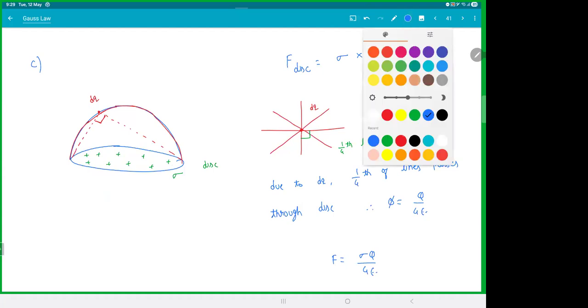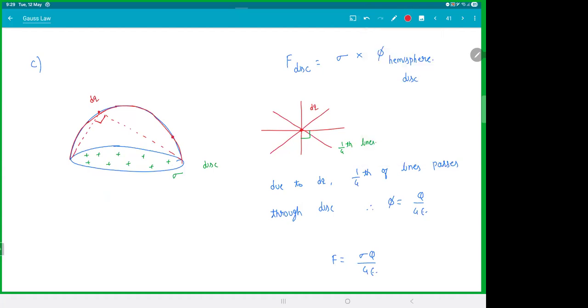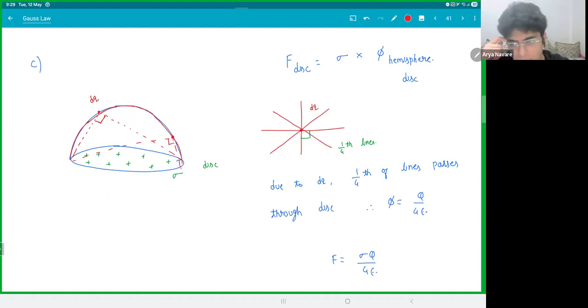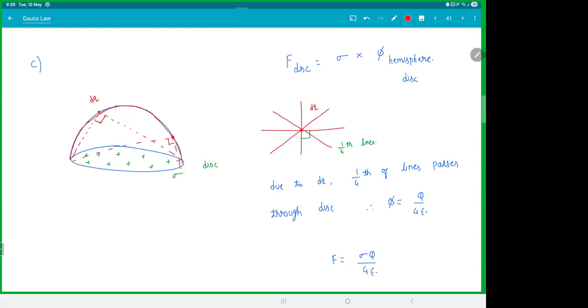Because every point, doesn't matter which point you take, won't they all subtend 90 degrees? Yes, sir. So it works. Basically, everyone is contributing 1/4 of their own flux. So everyone has the same vertical component. You just add them up. Vertical components we add, horizontal we won't, because horizontal will anyway cancel out because of symmetry. All clear with this?